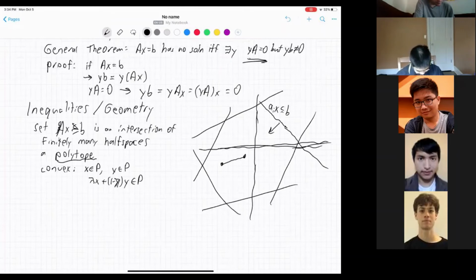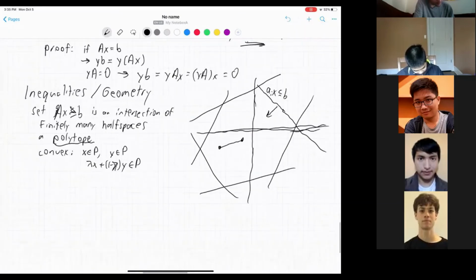And the reason for this is, again, that the polytope is an intersection of half spaces, right? It's pretty easy to prove that if 2 points are on one side of a line, then the segment between them is also on the same side of the line. And so the segment is on the same side of every line, and therefore the segment is entirely inside of the polytope. Okay.